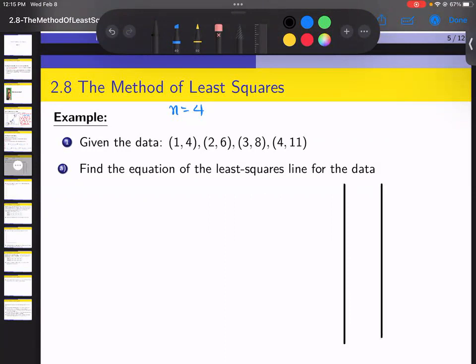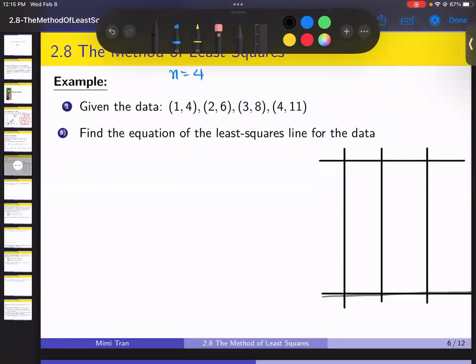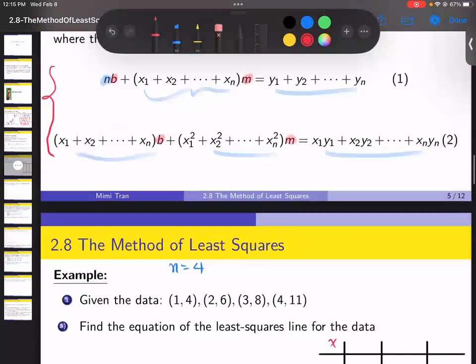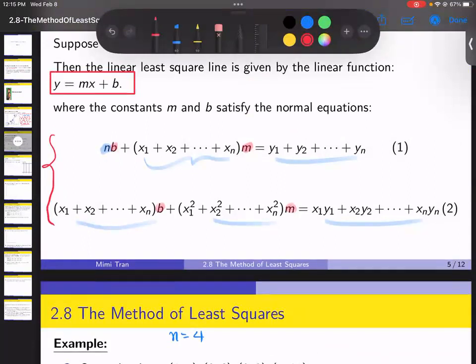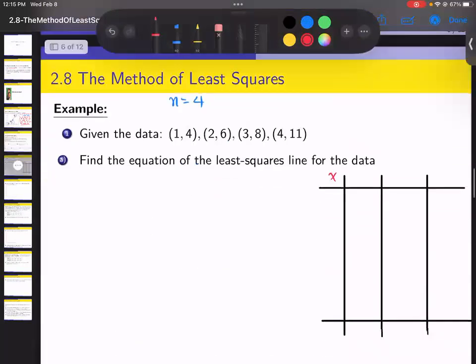X squared, and then Y, X. So I need X. If you look at the normal equation, we need x squared, and then we need x times y. So I need x, x squared, y, and then xy.